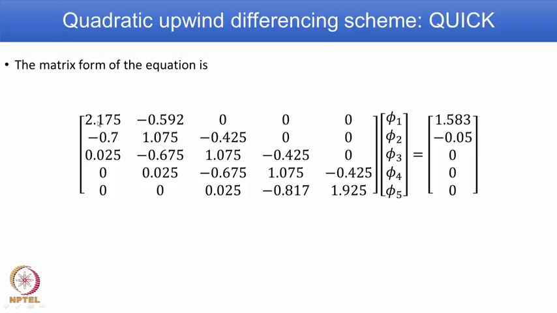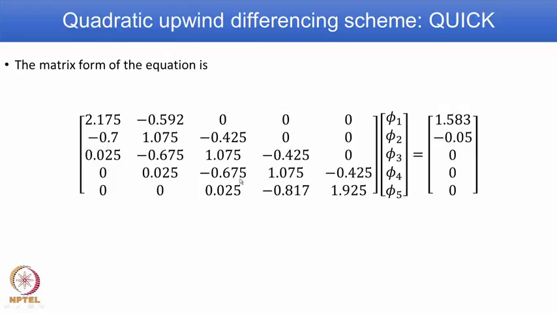As I explained before, if you look at this matrix particularly, you have the diagonal elements. In this case it is 2.175, 1.075, 1.075, 1.075 and 1.925. These are all elements along the diagonal. Then you have one immediately super diagonal, and one immediately subdiagonal.